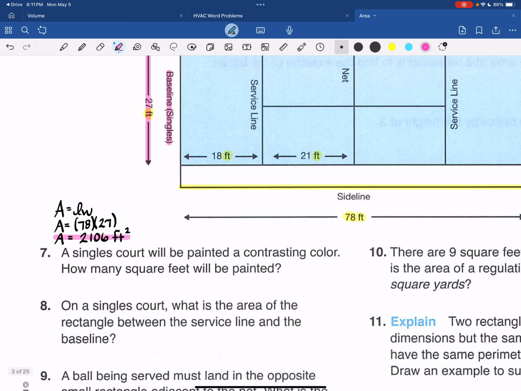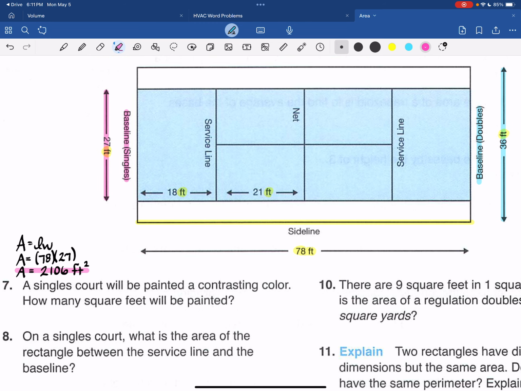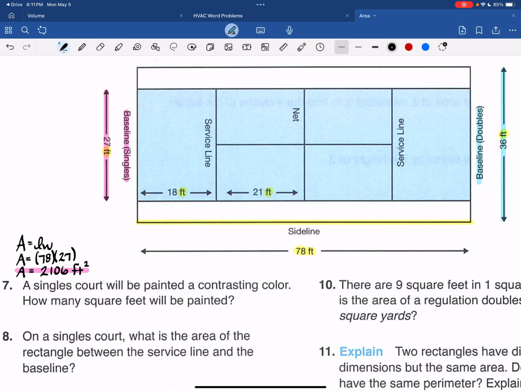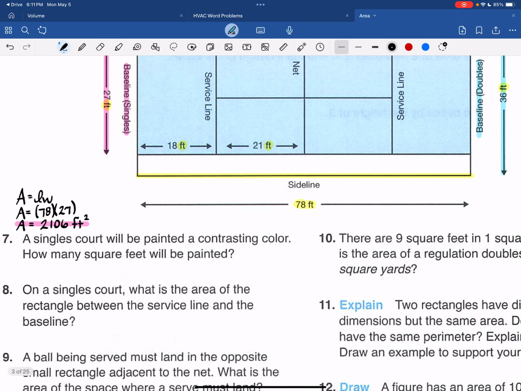On a singles court, so in the blue, what is the area of the rectangle between the service line and the baseline? So we're talking about this dimension, the one that I was getting ready to do. We're looking at the area between the service line and the baseline. So I'm just going to go ahead and do that down here.